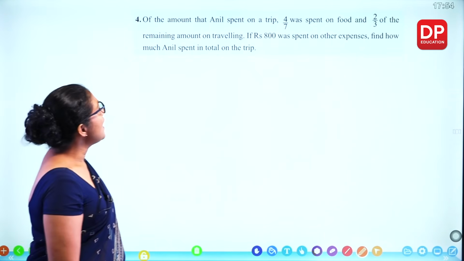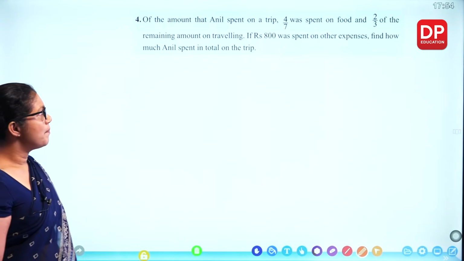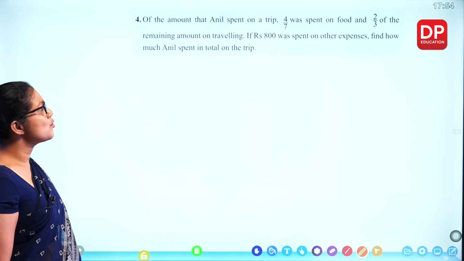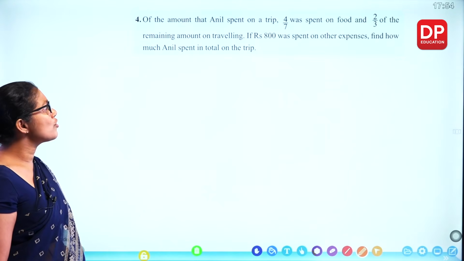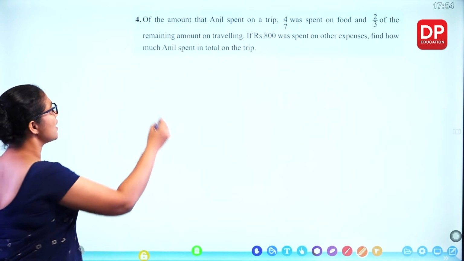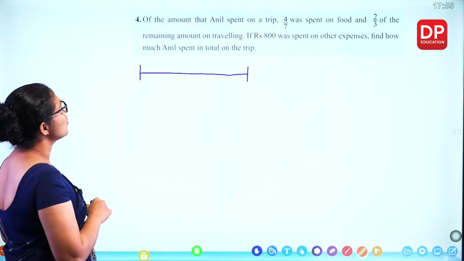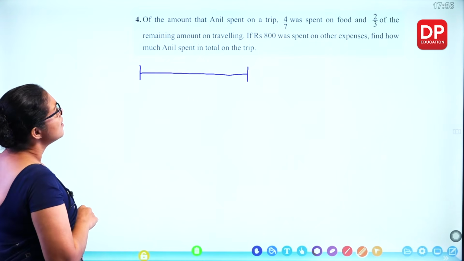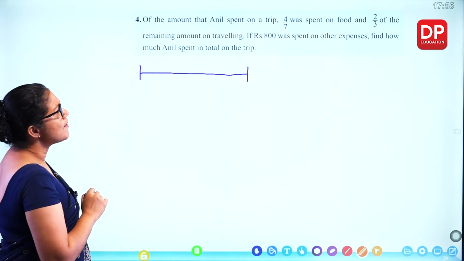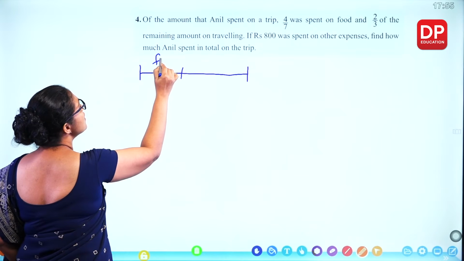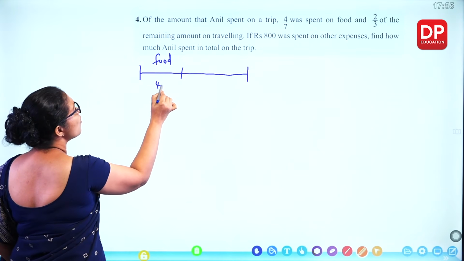Of the amount that Anil spent on a trip, 4/7 was spent on food and 2/3 of the remaining amount on traveling. So again, this is similar to a previous question. So you have given 4/7 was spent on food. For food, that's 4/7.